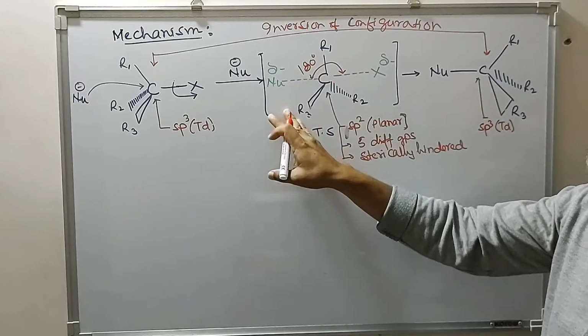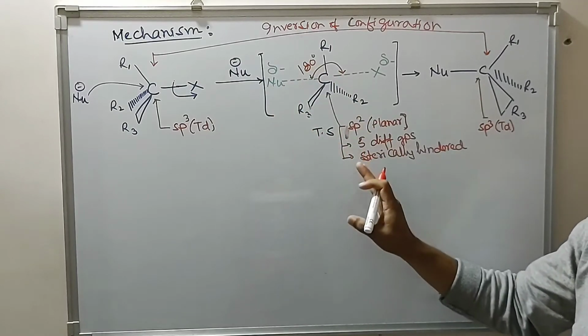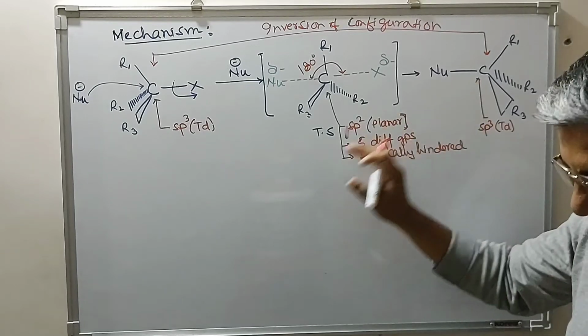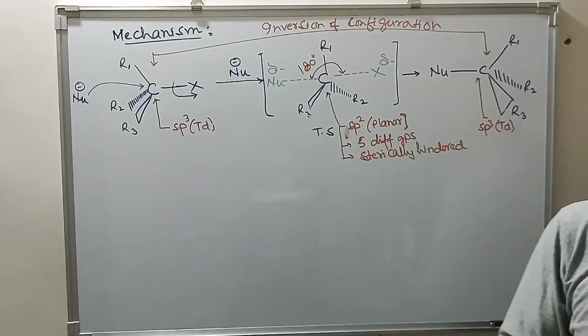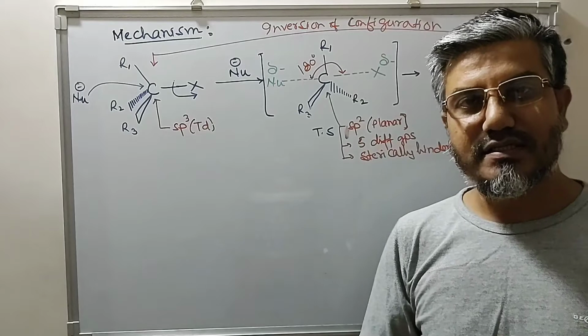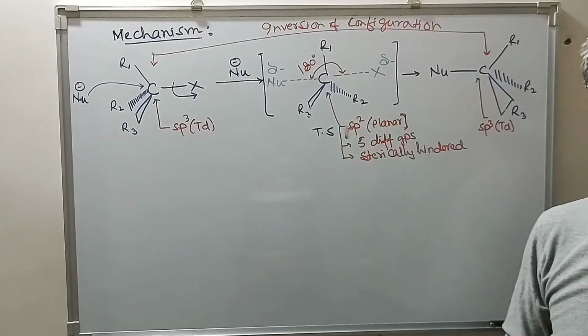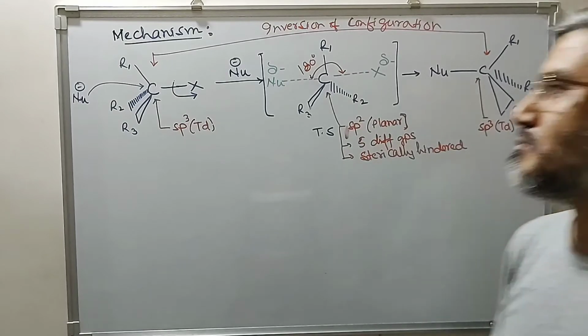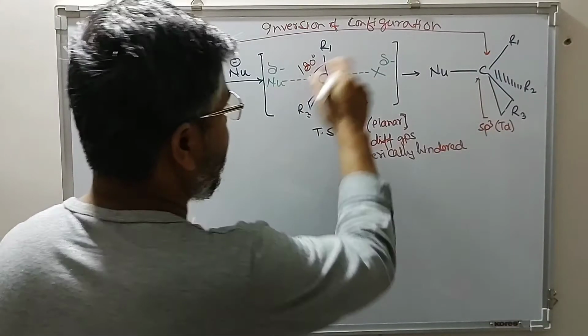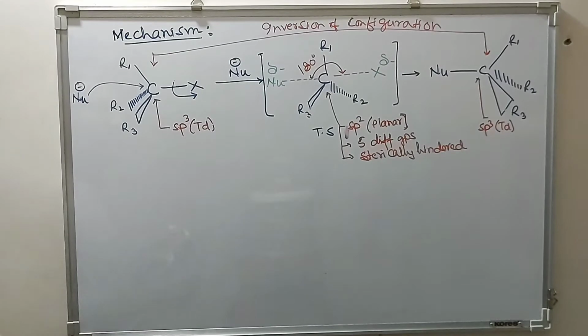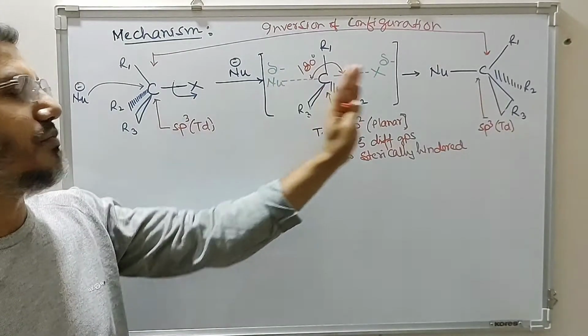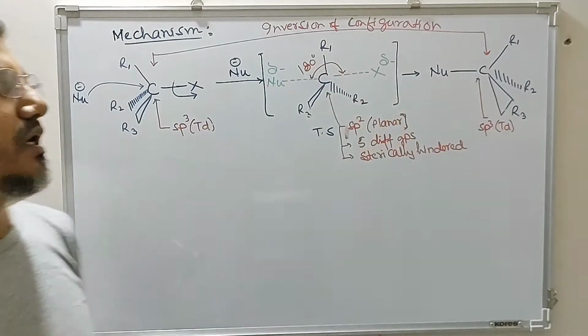As a result, the rate of SN2 reaction decreases. That means any factor which increases the steric hindrance decreases the rate of SN2 reaction. This is why tertiary was the least reactive, primary was the most.